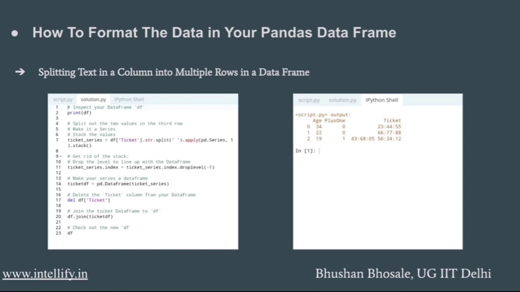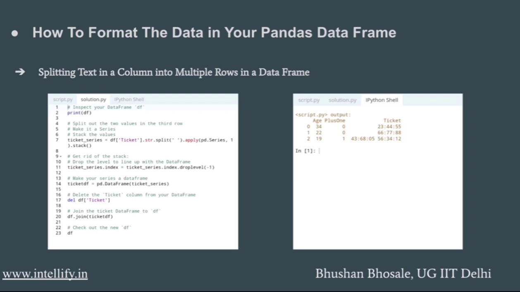Okay, so now after we stack the values, we have to drop the level to align with the data frame, and then make your series a data frame, because it would not be a data frame. We have discussed this. And then we have to delete the ticket column. Okay, and then join the ticket data frame to df. So check out the new data frame.